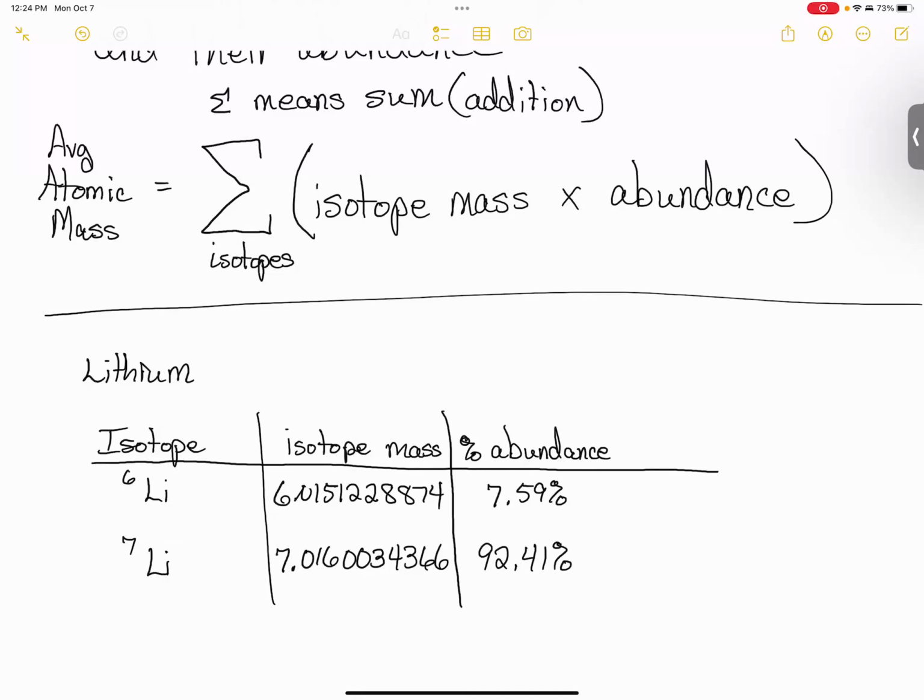Folks, I could tell lithium-7 was the most common isotope without even having this information, because if you look at the average atomic mass for lithium, it's closer to 7. So since it's pretty close to 7, that's telling me that 7 would probably be the main one.